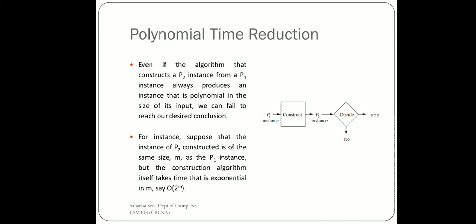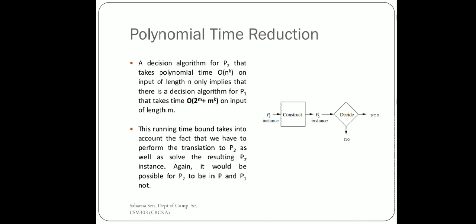So the construction algorithm with which we are trying to map the instance of P2 with that of P1 is consuming an exponential amount of time, that is 2 to the power m. So if this is so, then a decision algorithm for P2 that takes polynomial amount of time, which we previously assumed, is order of n to the power k.